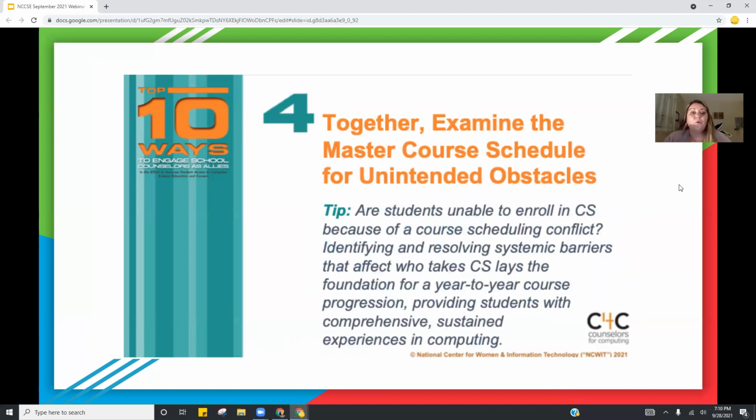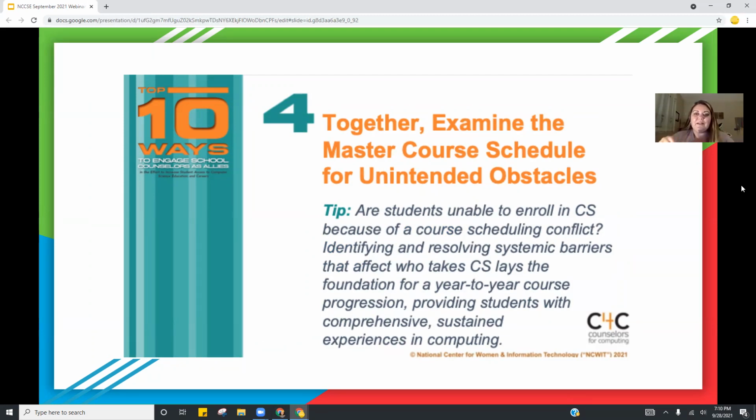All right, so number 4 is sit with your school counselors and look at the master schedule. We talked about this a little bit before with Jeanette. If I was viewing her issue from a school counselor perspective, there's probably not a lot of classes available during the period that is her class.